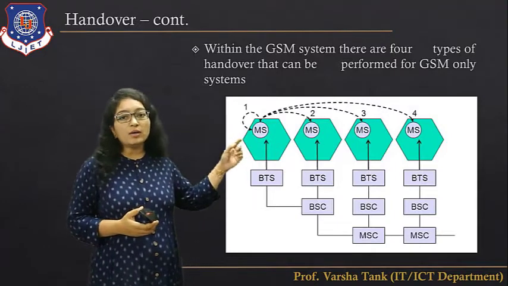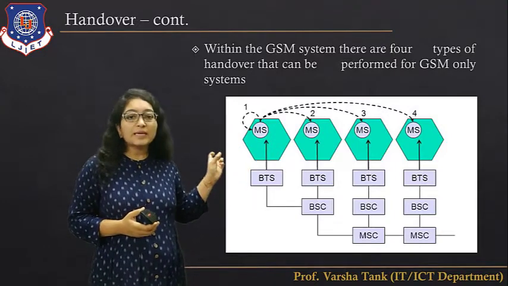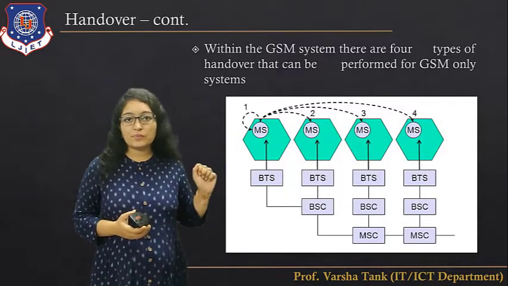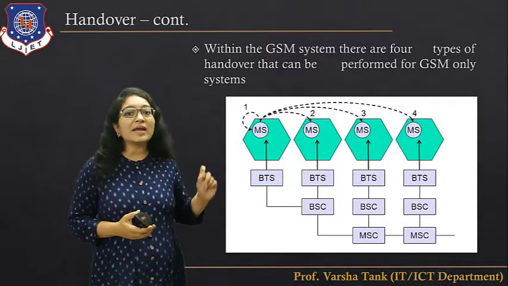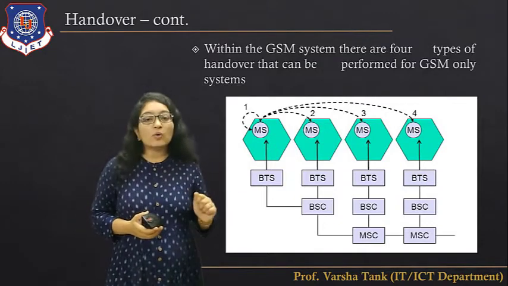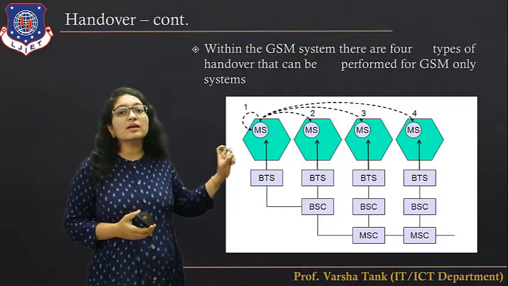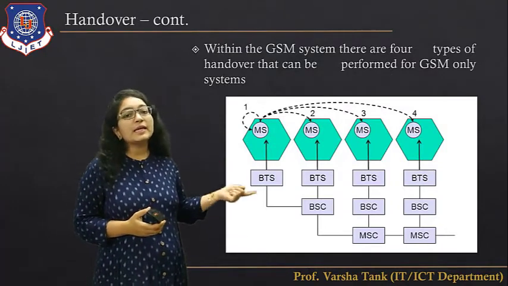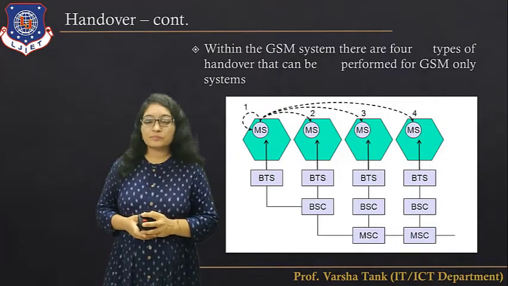The second one: the BSC is the same but the cell is different. The third type of handover: the MSC is the same but the BSC is different. And the fourth type: the MSC is also different, so it is an inter-MSC handover.